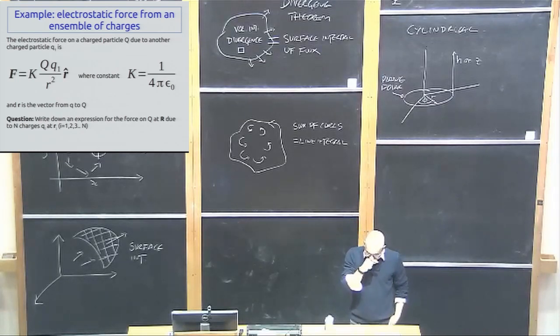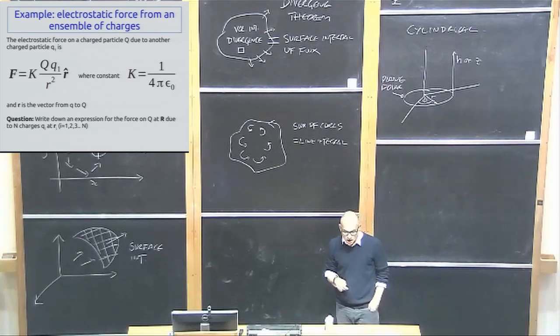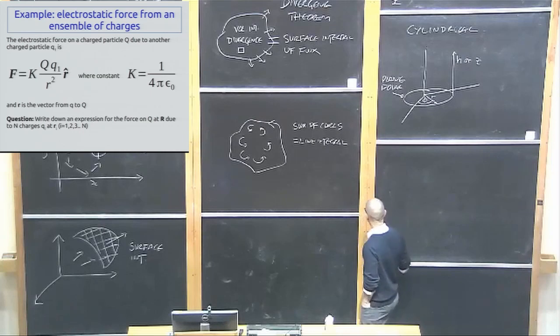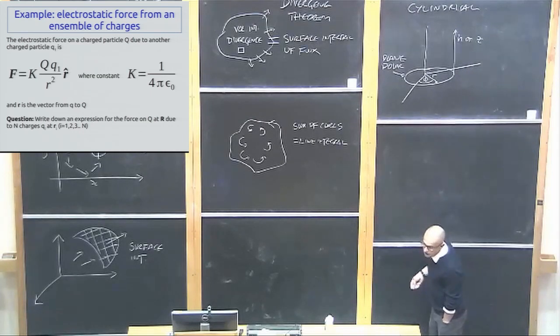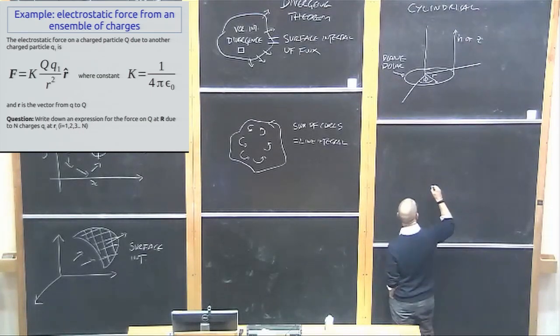So the question says, write down an expression for the force on Q at some position vector capital R due to n charges, Qi at Ri, where i is some large number.